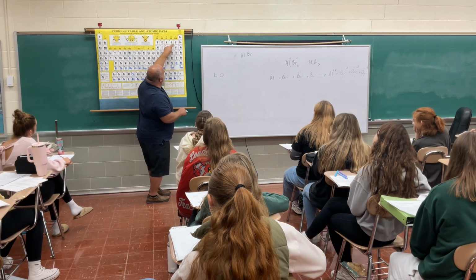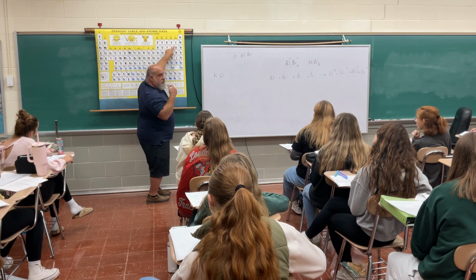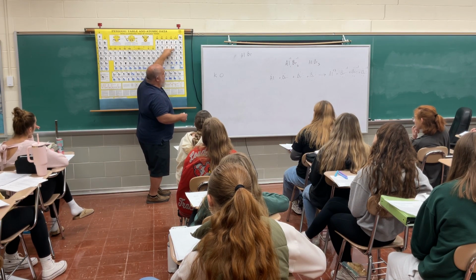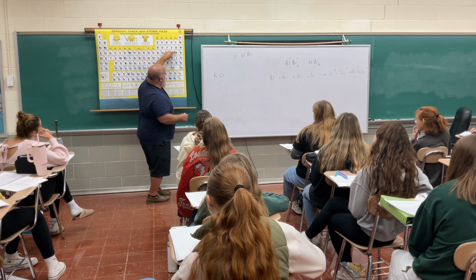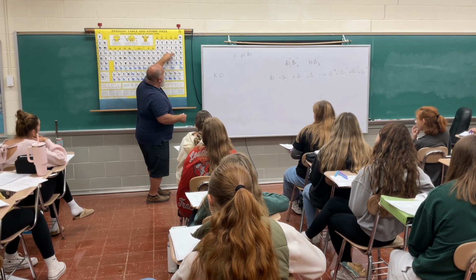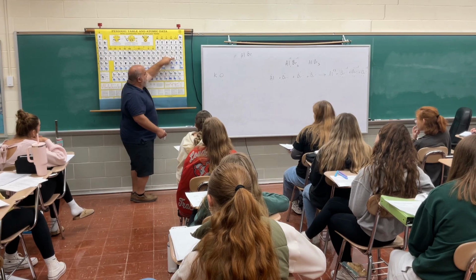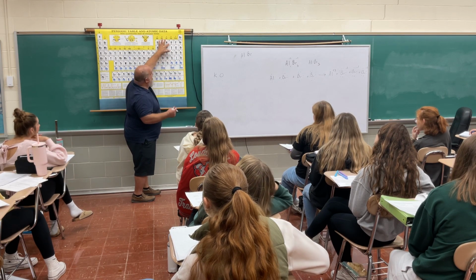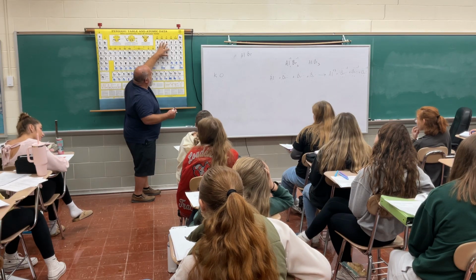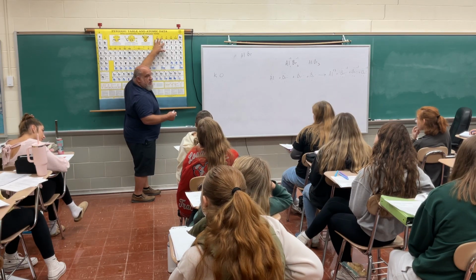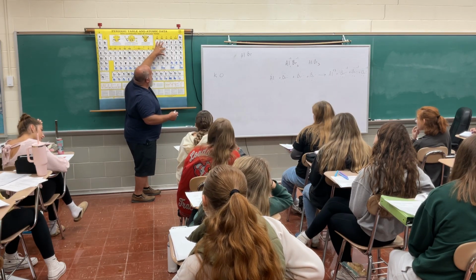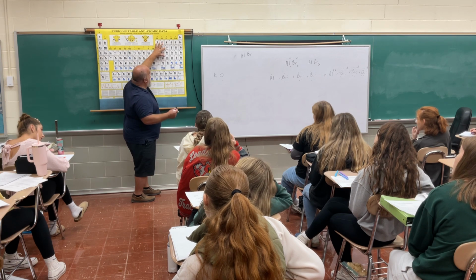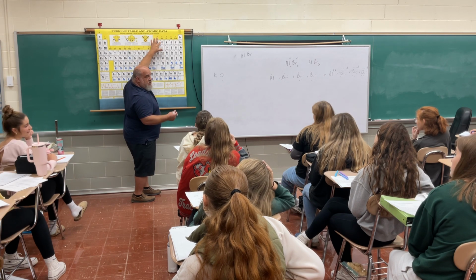So instead of fluorine, it is, you guys know this from your teeth, fluoride. Chlorine is chloride. Bromine, bromide. Iodine, iodide. Oxygen, oxide. Sulfur, sulfide. Nitrogen, nitride. Phosphorus, phosphide. And carbon, carbide.